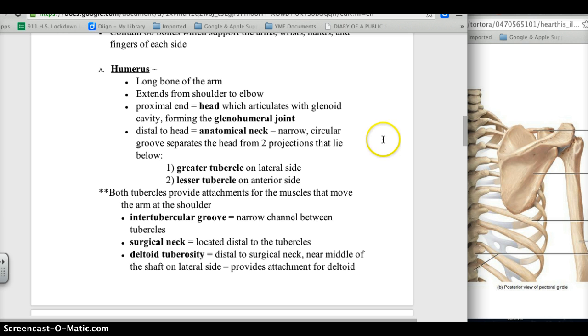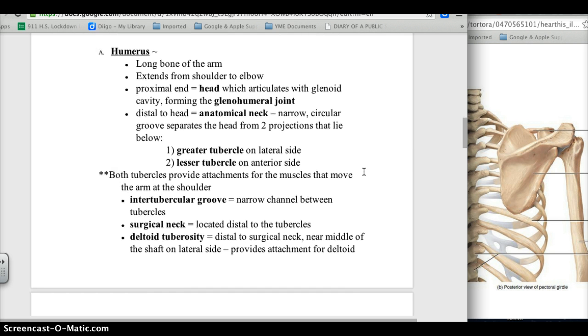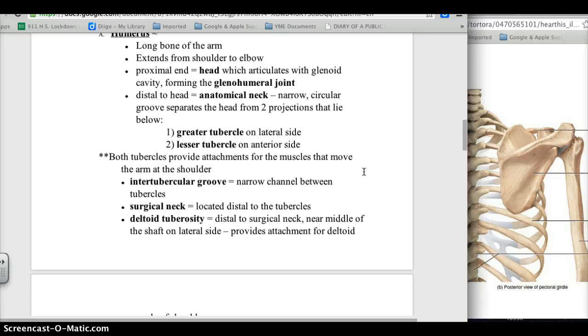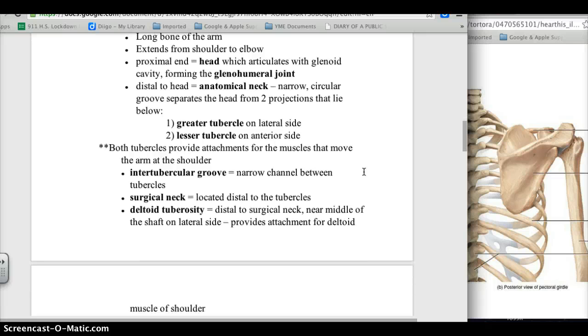I'm not going to try on this picture to point out the next terms. This is where your textbook would be an excellent source to have open as you take the notes, so that you can see, as you move distal to the head, or away from the head, the anatomical neck. This groove is going to separate two projections, and as you can see, one's going to be larger than the other.